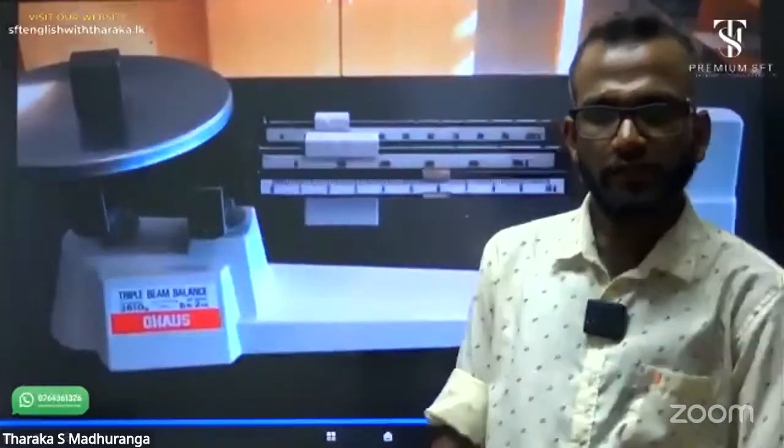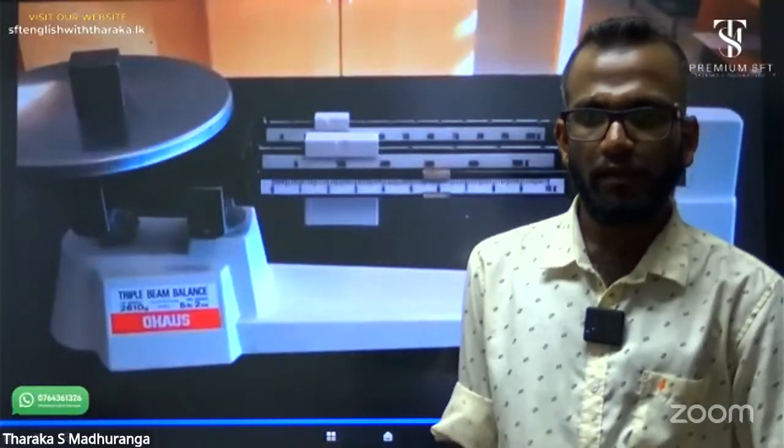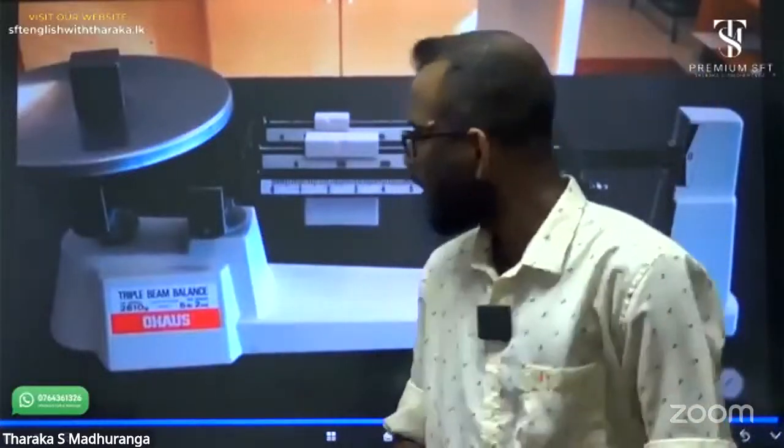No. 125.9 is the mass of this object. I asked for the maximum possible value of this instrument that we can obtain.